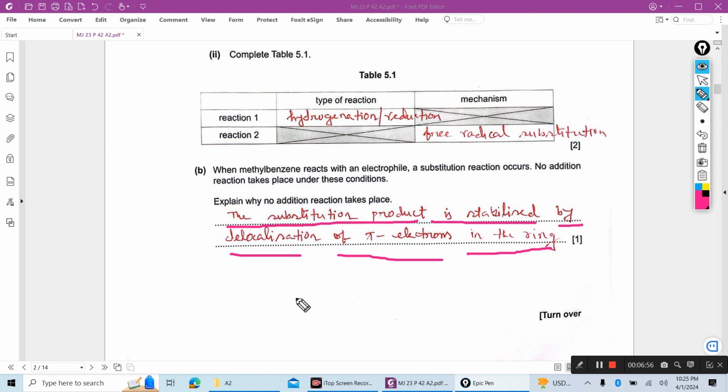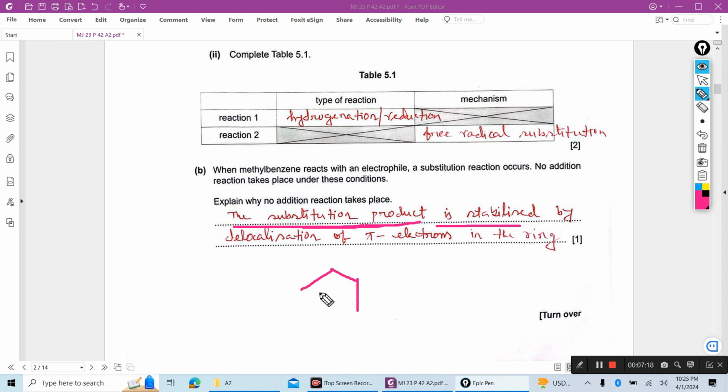If addition reaction occurs, the product is not stabilized. But if substitution reaction occurs, then the product is stabilized by the delocalization of pi electrons in the ring.